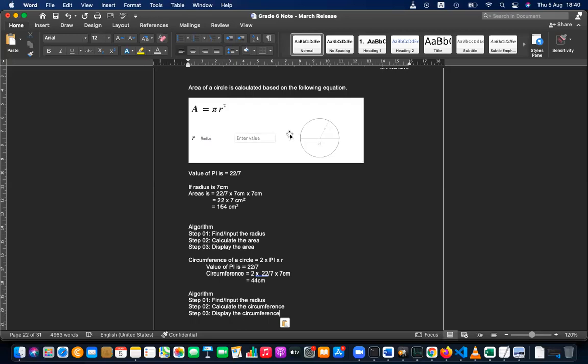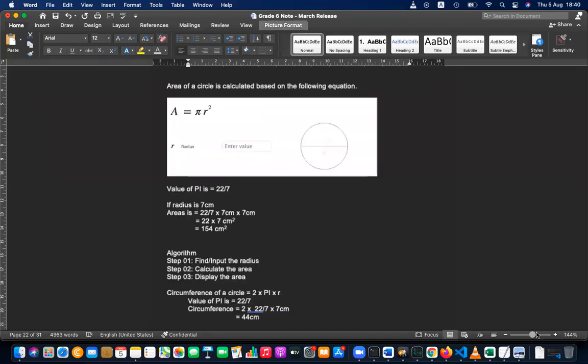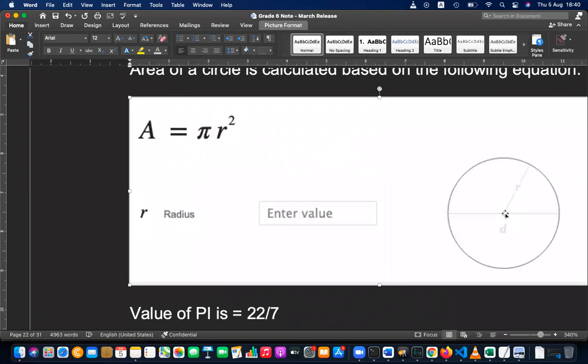Finished writing or still doing? Finished writing, sir. Still doing. I'll give you 1 minute. Try to finish it in 1 minute. So I think you saw this R, right? This R is radius, the gap from the center to the border.